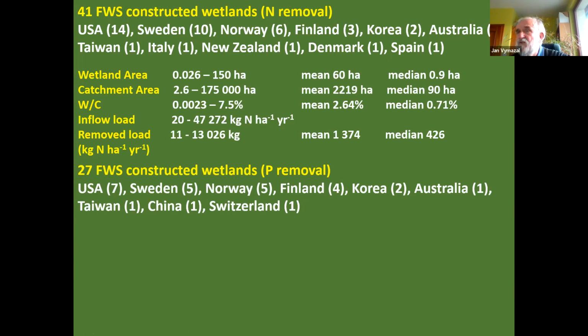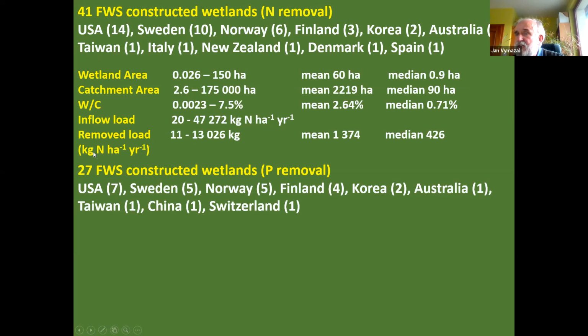There are a lot of wetlands in the United States, but also, as I mentioned, in Northern Europe, with Sweden, Norway, Finland, but some other countries are involved as well. And some wetlands could be quite large, you know, for European scale, quite large, 150 hectares. As I say, the ratio is from really very small, 0.0023%, to 7.5%.